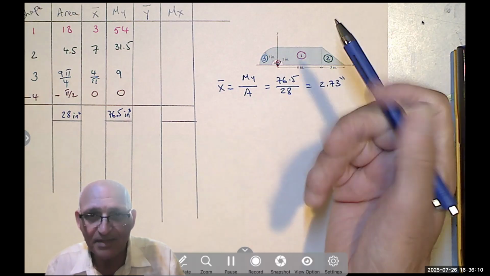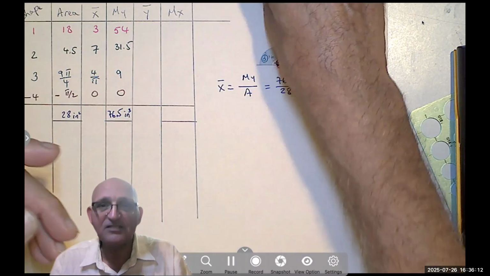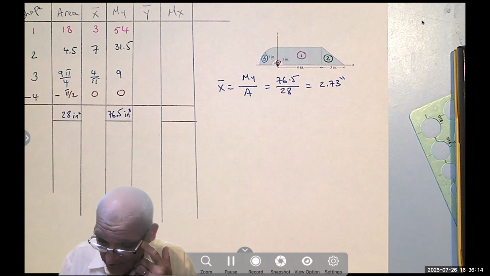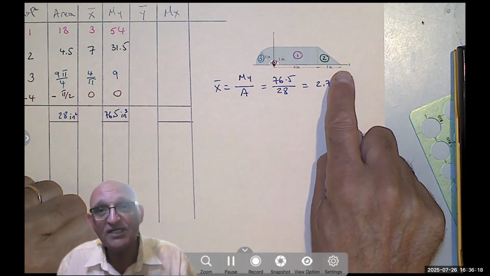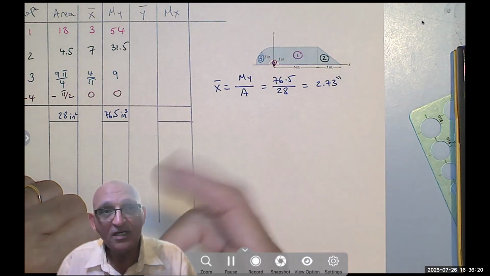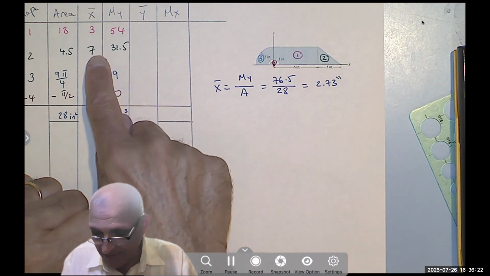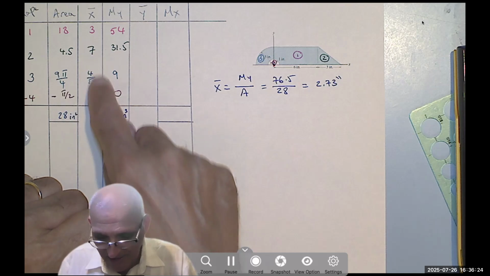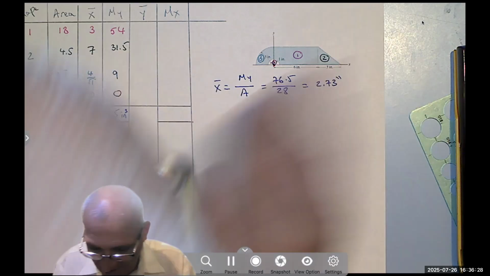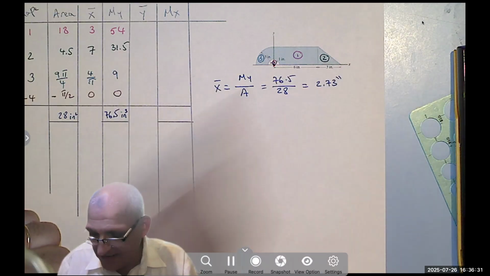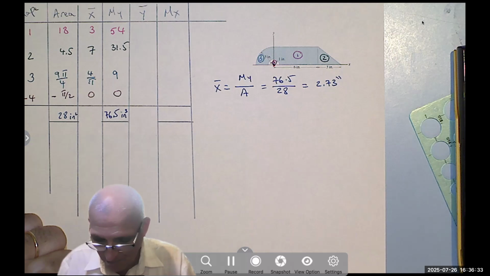It's not a big deal, but that's the explanation. Yes, this is further away, so you should expect it to produce more. In fact, it's multiplied by 7, and this is only multiplied by that, but it so happened that we ended up slightly to the left of 3.